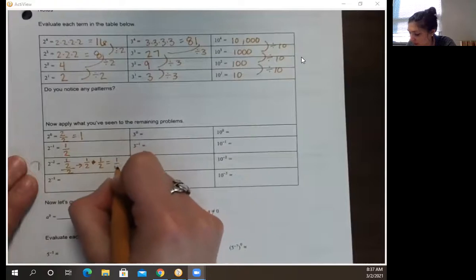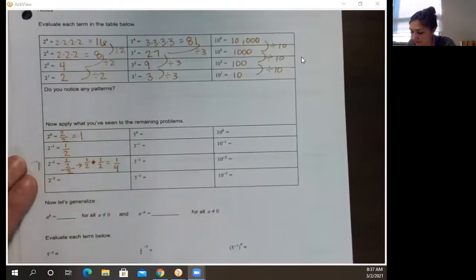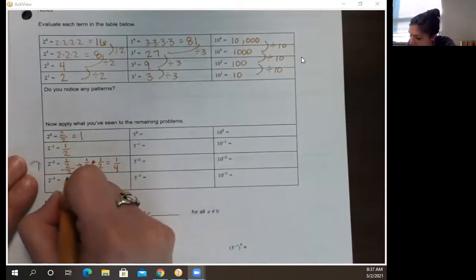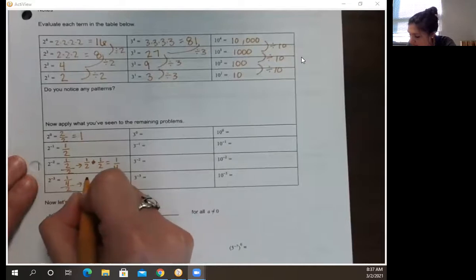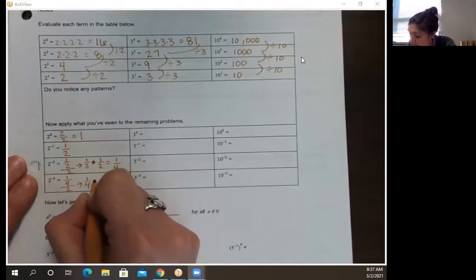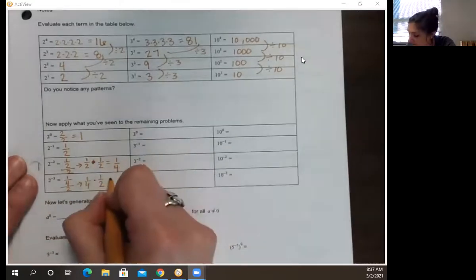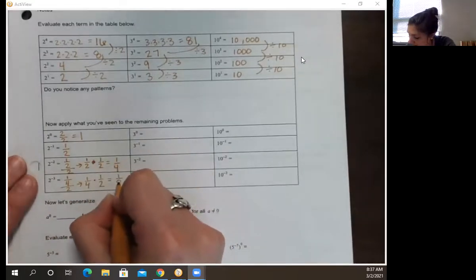So that would give me 1/4. Now, if I reduce that power again, I need to divide out another factor of 2. So that'd be 1/4 divided by 2, so 1/4 multiplied by a half. And since we're dividing a fraction, multiply by the reciprocal. So that would be 1/8.